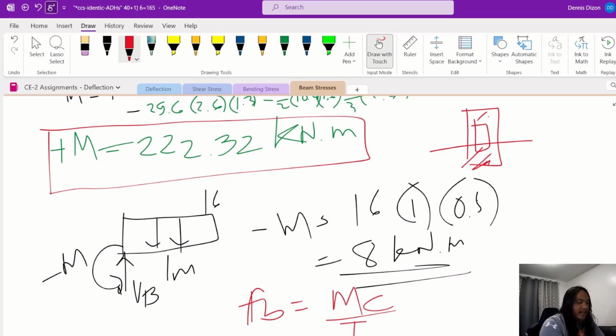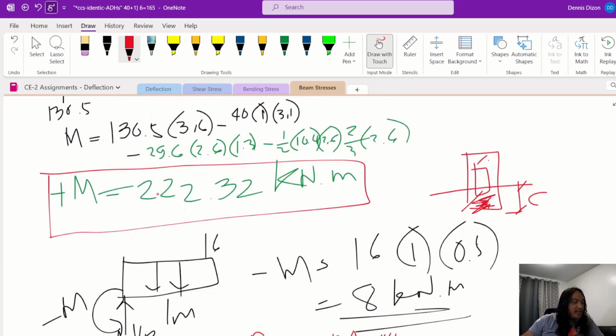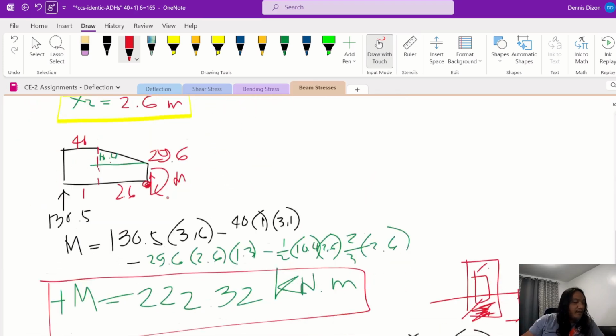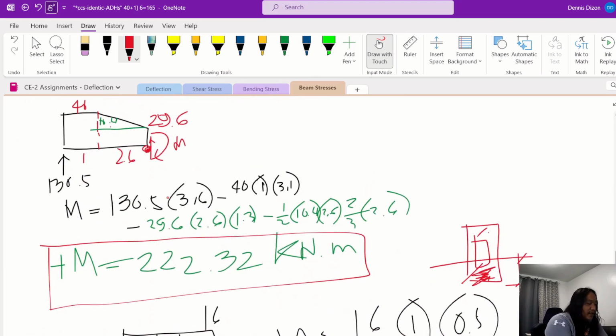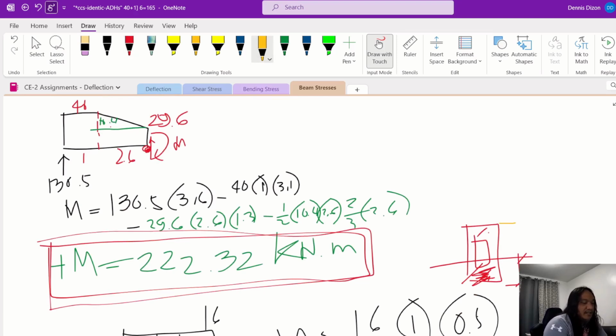So MC, now to get this compressive stress here due to flexure, your C here would be this one because at the support location, this is where your compression. And then in the midspan, or not really midspan, but at the zero shear, like positive bending, that's the time that if we use this bending, our distance C would be this one.